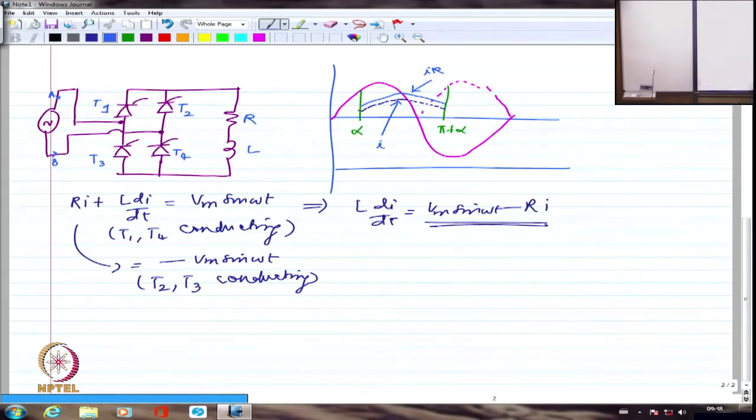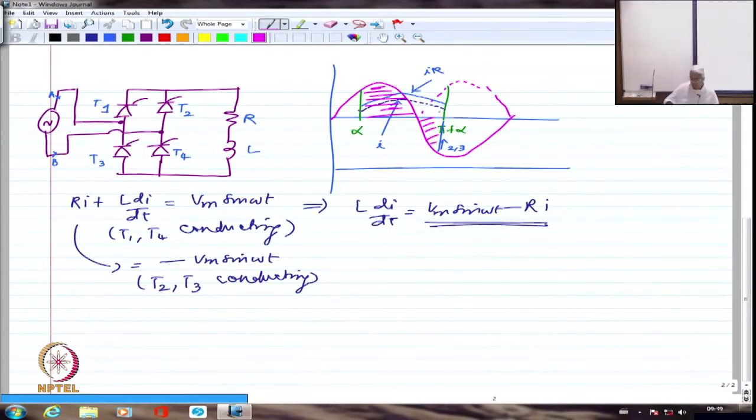At this point I am firing 2 and 3. Until now, Vm sin omega t was directly connected as it is, so I have this entire voltage coming up as the load voltage.